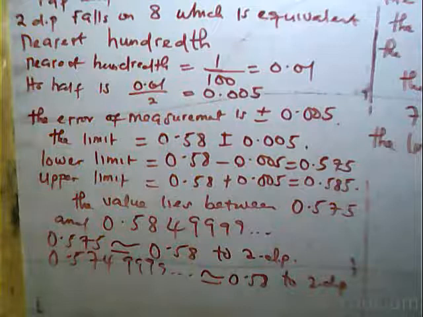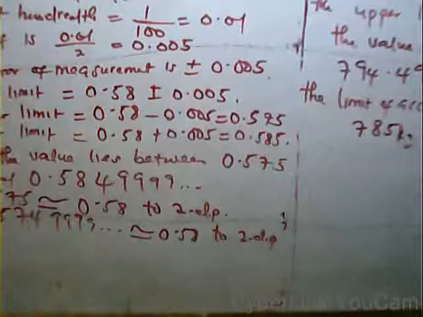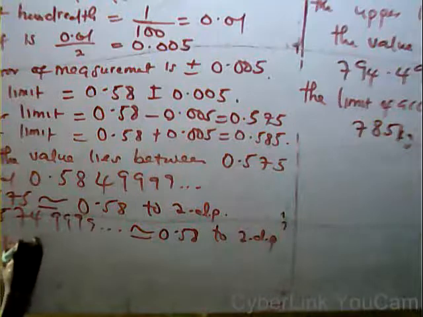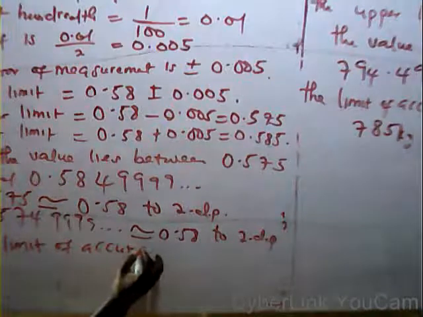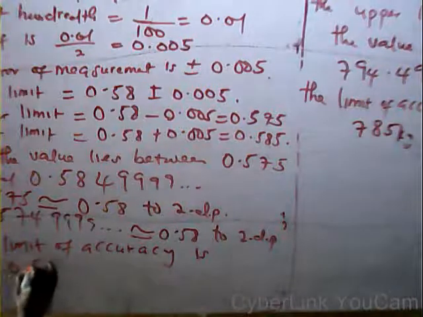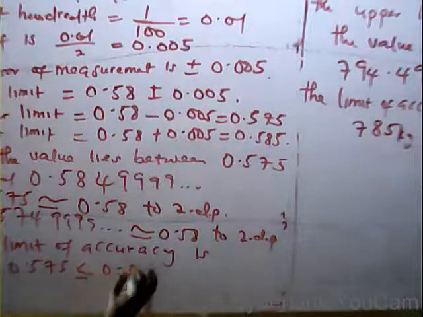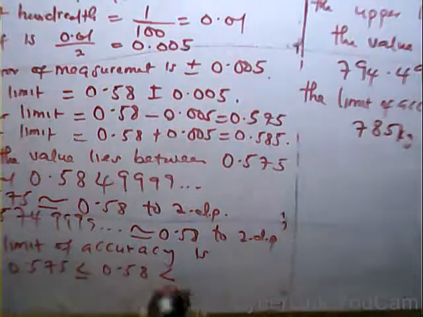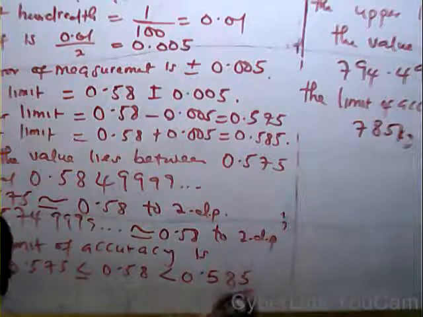So the limit of accuracy should be between the two. So the limit of accuracy is 0.575 less than or equal to x, then less than 0.585. So that is that.